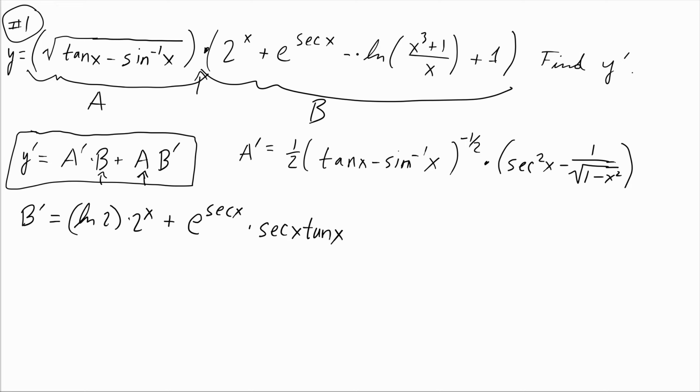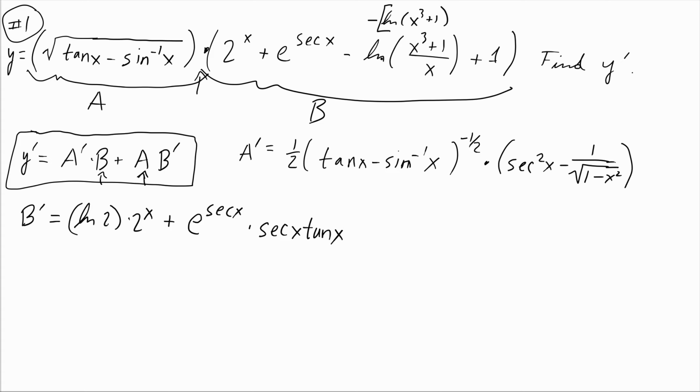Okay, now we go to the next part. Take the derivative of a natural log of something. Now, with natural log, you could think of this in a couple of ways, but the simplest way would be to go like this. This is the same thing as x cubed plus 1 over x, and I'll keep it like this just so you can see what I'm doing.